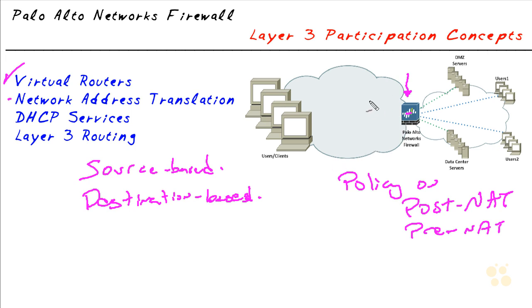Now, with source NAT, in source NAT I can do static. At this point, static is a one-to-one layer 3 translation. So very simple stuff.